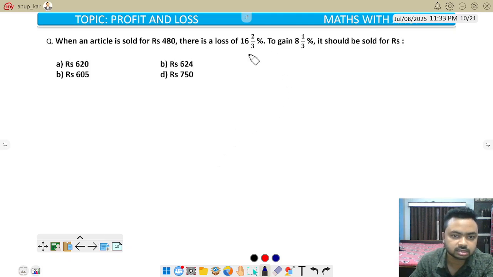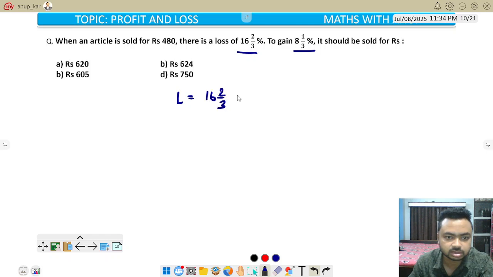So here you see the concept is the same, but here the fraction value is given. So what to do? Nothing to worry about. We will consider the ratio method. Okay. So let's proceed. Loss is given as 16 2 by 3%. If you solve it further, how much will you get? You will get 1 by 6 if you reduce it to a fraction. Simple. 3 times 16 is 48, 48 plus 2 is 50, 50 by 3 into 1 by 100. If you solve it, you will get 1 by 6.